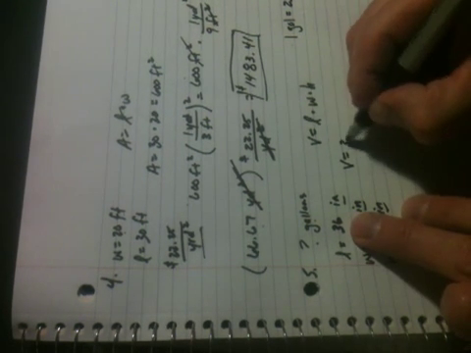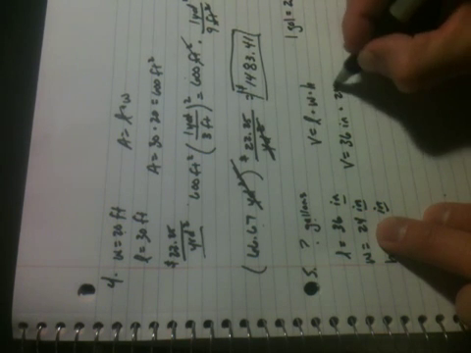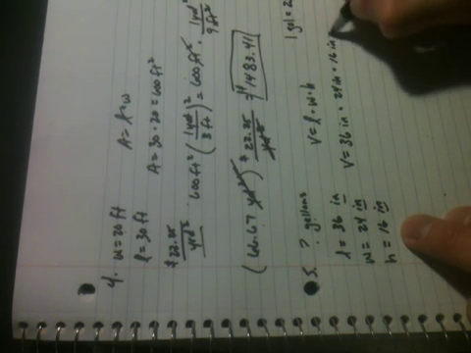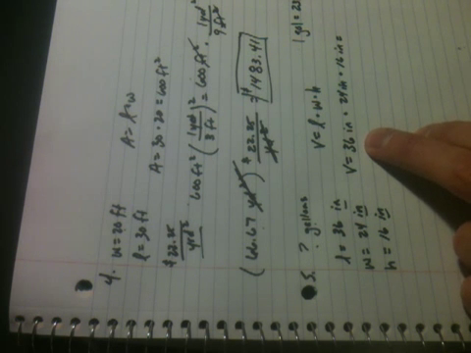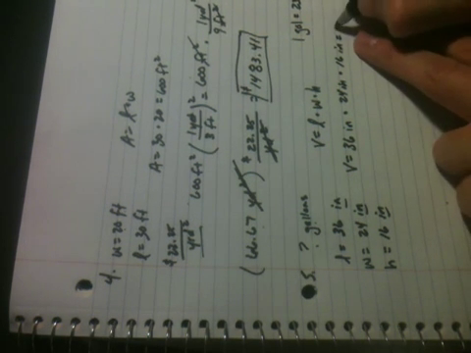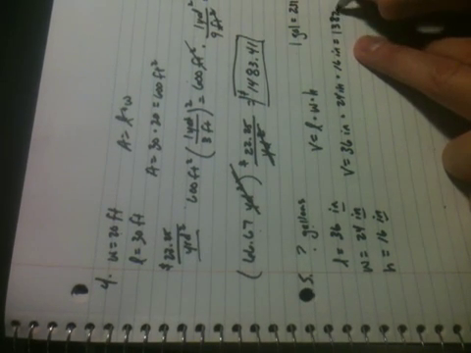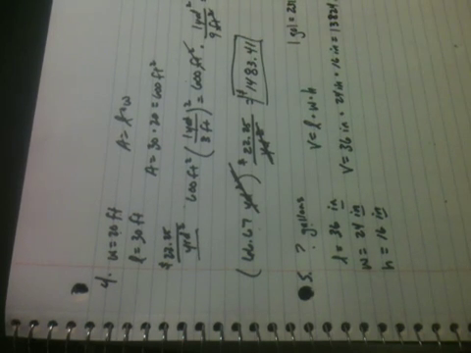The length will be 36 inches times the width, 24 inches, times the height, 16 inches. 36 times 24 times 16 equals 13,824. Inches times inches times inches will be inches to the third power.